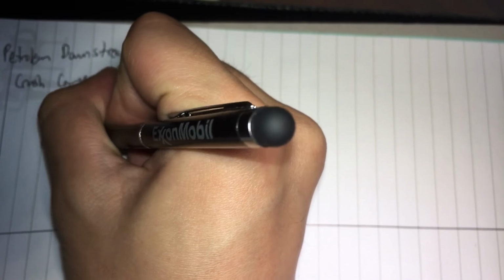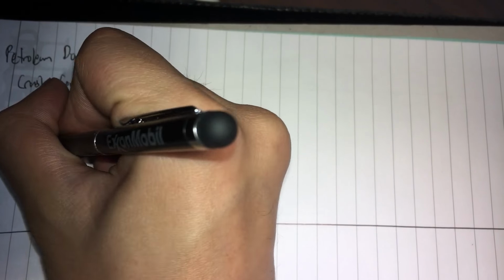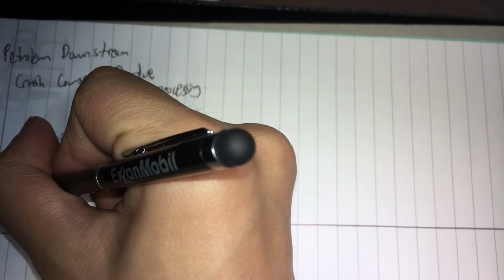Now, the most simple way we can do our residue hydrocracking is to follow a similar design to our vacuum gas oil hydrocracker. The only difference between vacuum residue versus vacuum gas oil or vacuum distillate is that this stuff is really dirty.